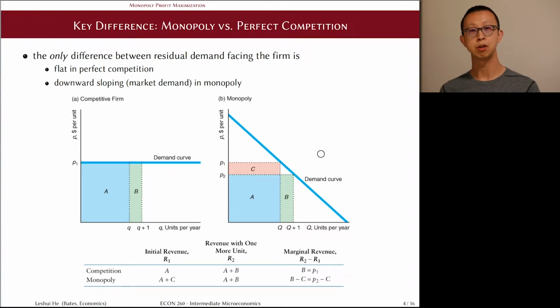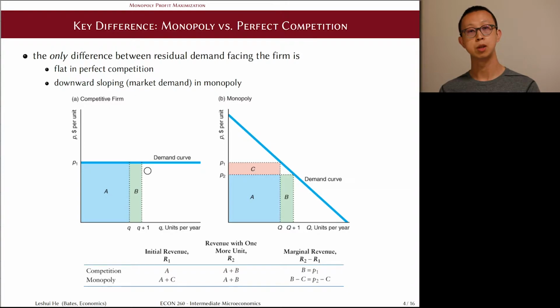The implication of the horizontal residual demand is that marginal revenue is equal to price for a firm under perfect competition. When the firm is a tiny participant in a very large market, such as under perfect competition, its output level barely moves the overall market outcome, so the price does not change at all as its output varies.